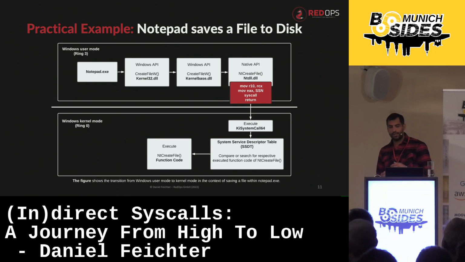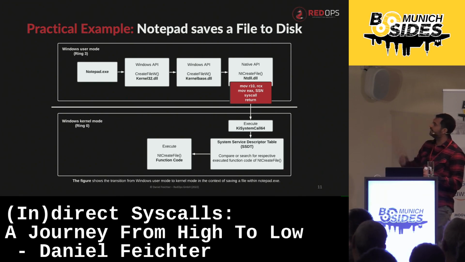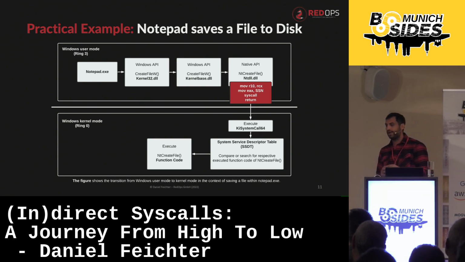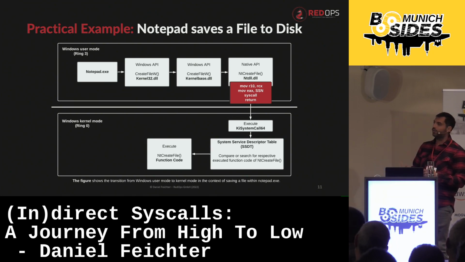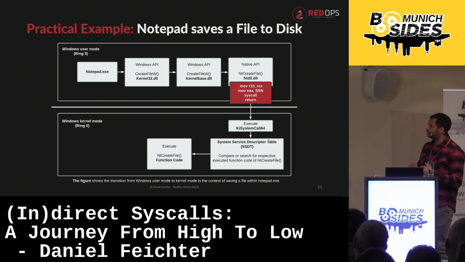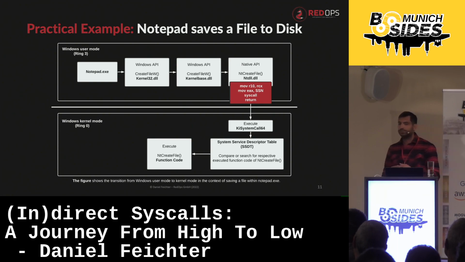Then we want to access the corresponding native API, which in this case is NtCreateFile, and is located in the memory area of ntdll. And the native API then contains the syscall stub, which also includes the syscall number and the syscall instruction itself, in the red case. Those are the instructions which we use to make that temporary transition from user mode to kernel mode.